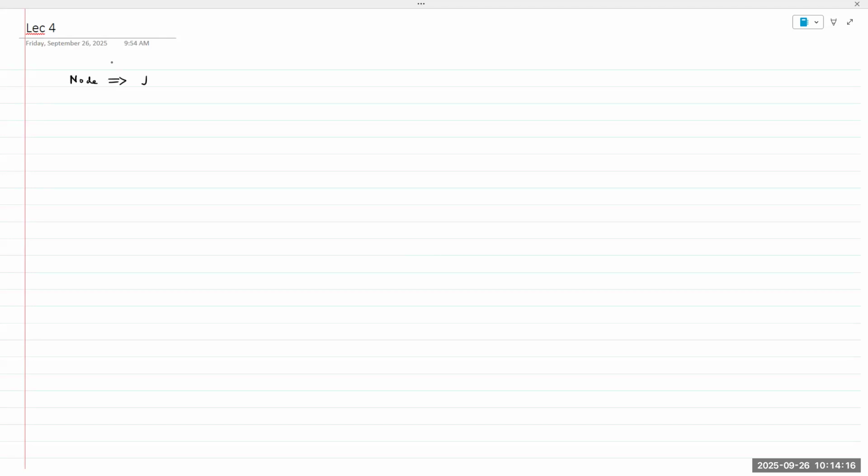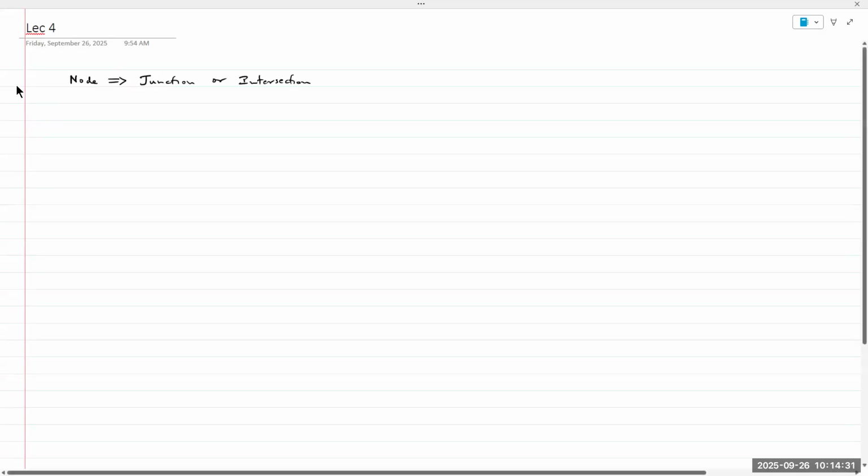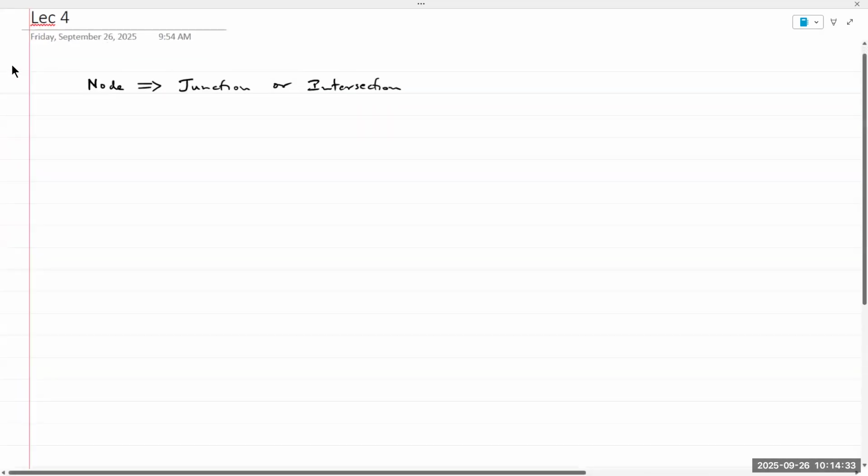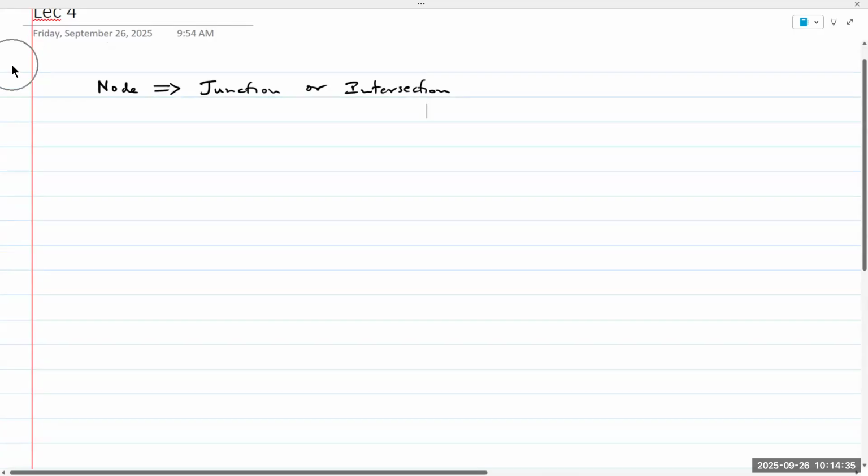Intersection, junction. Okay, junction or intersection, whatever we want to call it. Okay, so node again is any point in a circuit where two or more components come together.